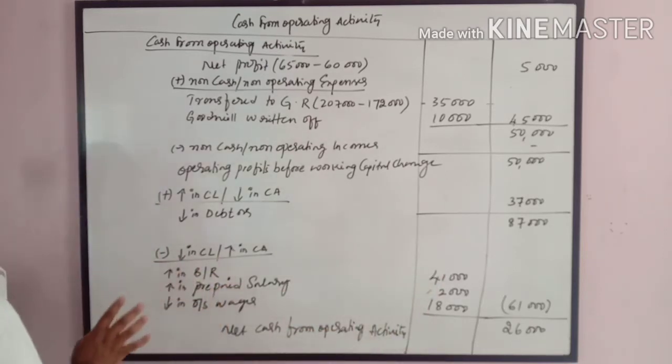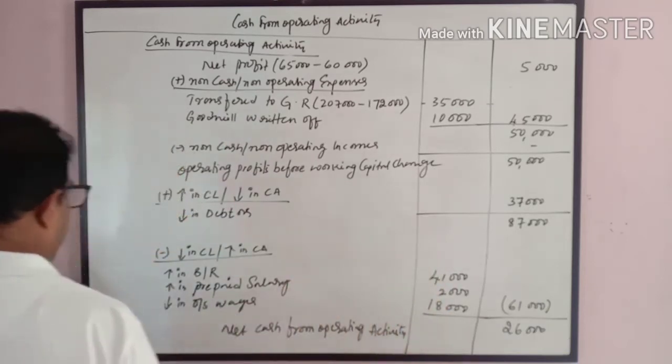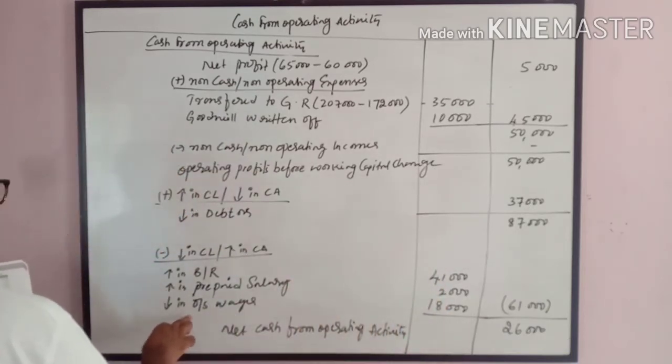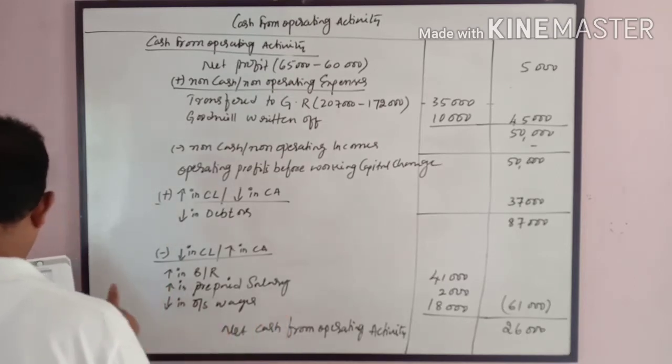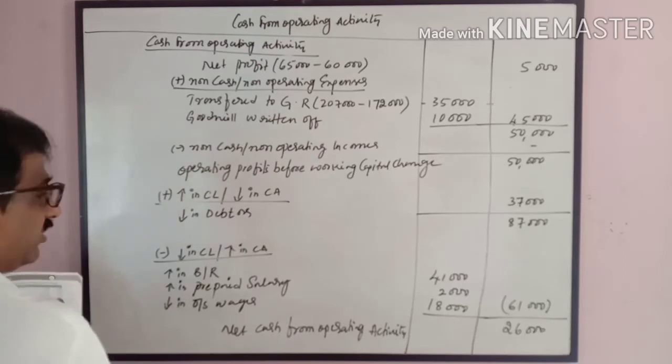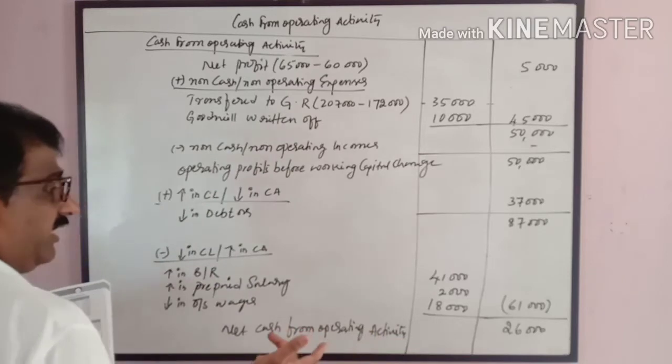Increase in prepaid salary: you can observe prepaid salaries 8,000 and 10,000, increased by 2,000. Similarly, outstanding wages is a current liability. Outstanding wages decreased by 18,000, that is 26,000 and 8,000. That means 18,000 was paid during the current year.